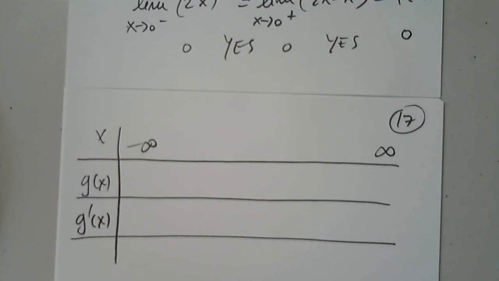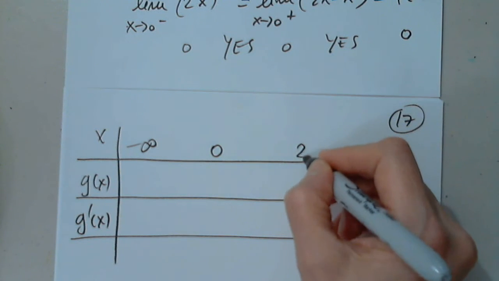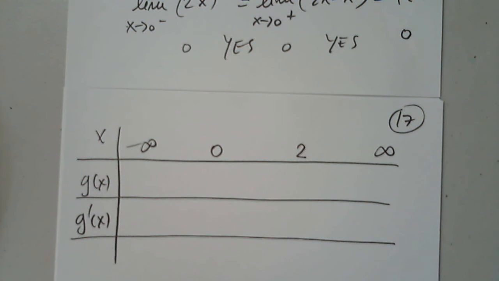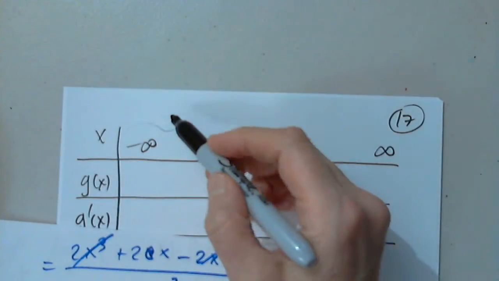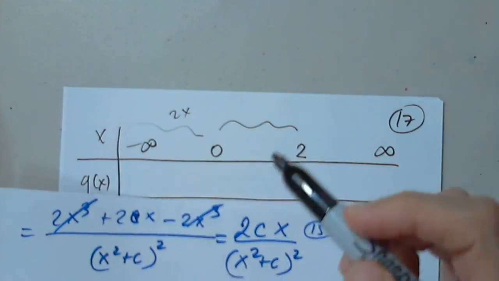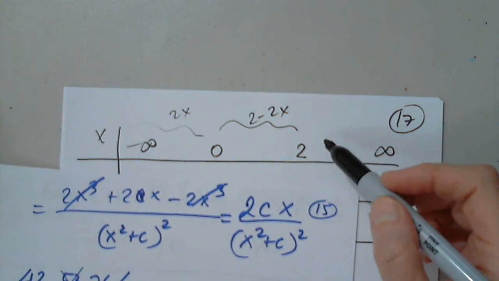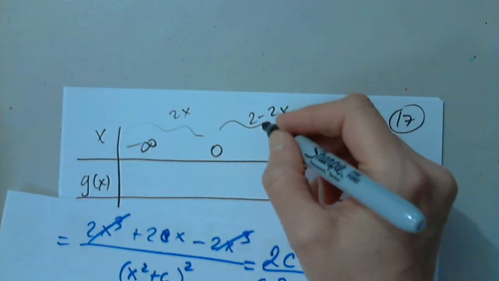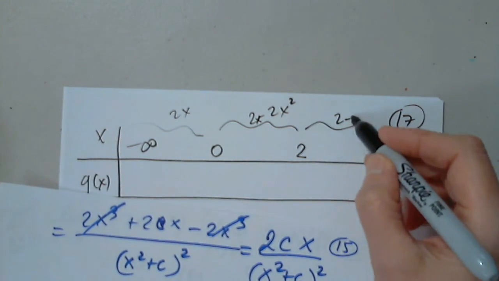So 0 and 2 have to be in the table for sure. This is with 2x for the function, not for the derivative though, careful. So this is with 2 minus 2x, and this is 2x minus x squared, and this is with 2 minus x.